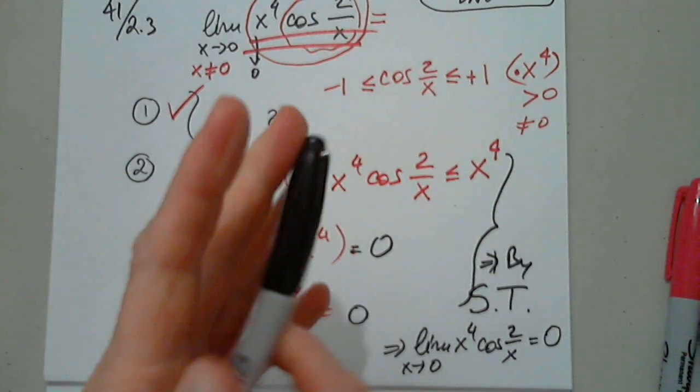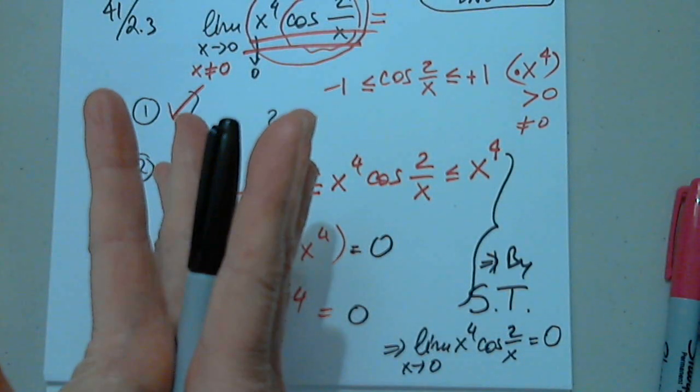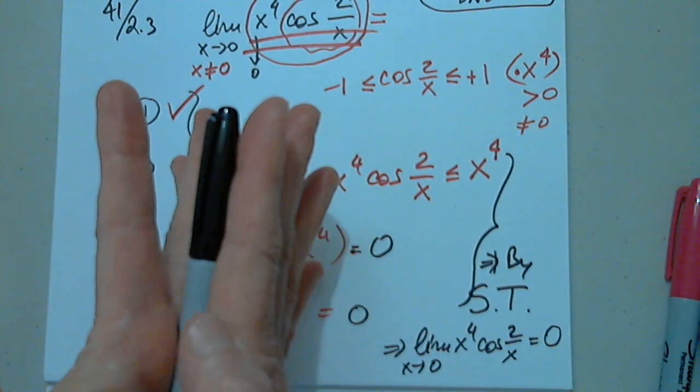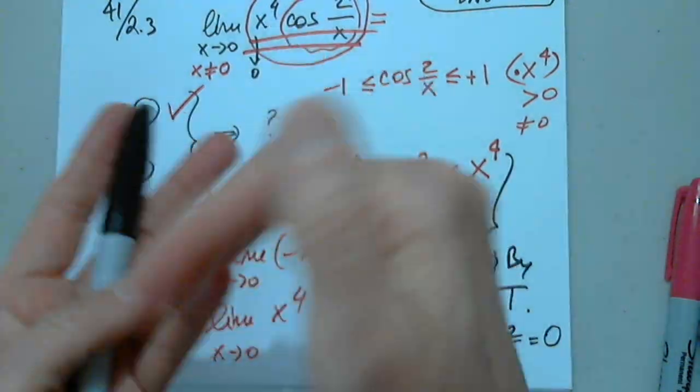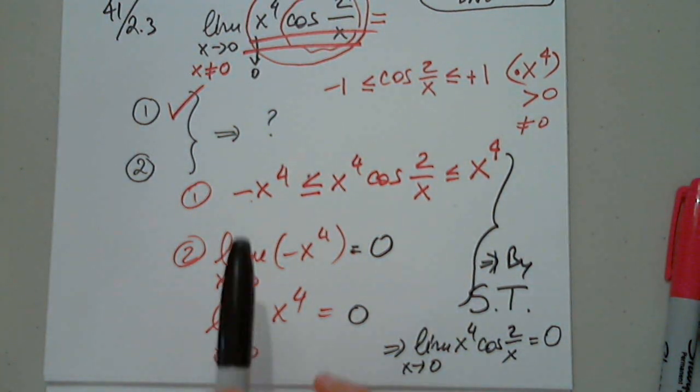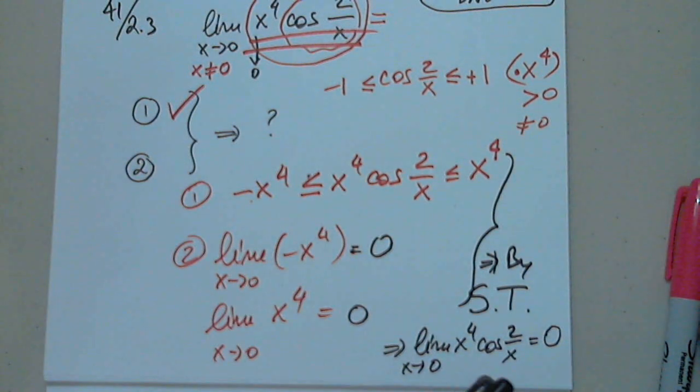Why again? The function I showed is squeezed between two functions whose limits both exist and they're both 0. So that's for right here. I don't know outside of it, but as x approaches 0, it's guaranteed by the squeeze theorem. Any questions on the squeeze theorem?